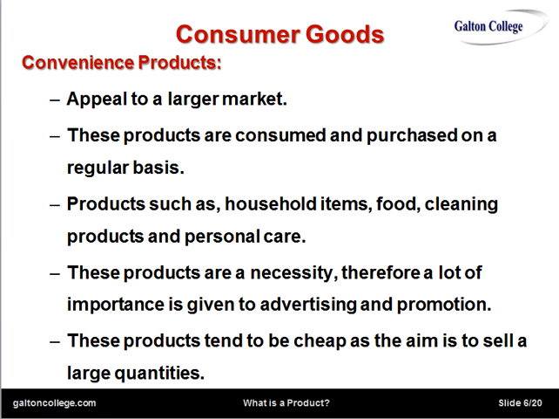They're normally a necessity, therefore a lot of importance is given to advertising and promotion. For example, cleaning products. We have to clean our homes or our clothes, so we need cleaning products. So there's a lot of advertising and promotion dealing with these.